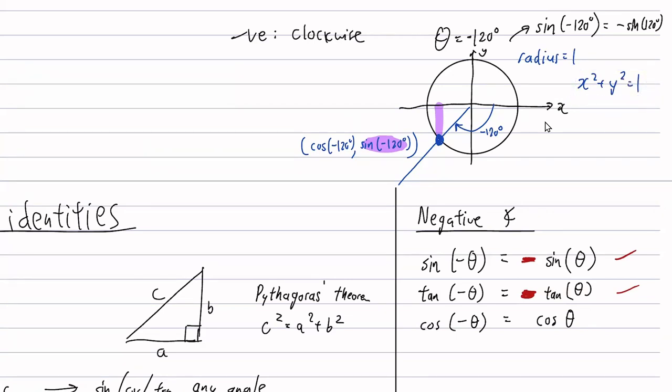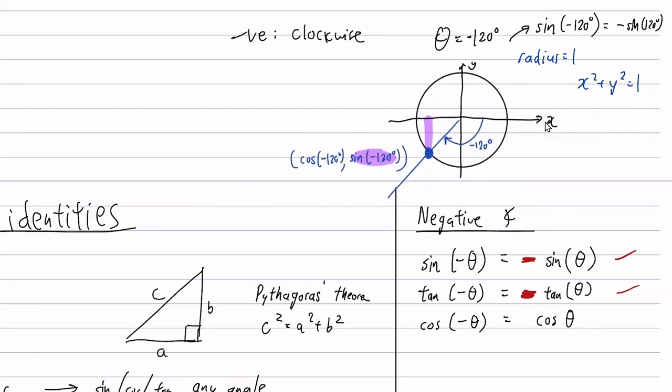Then how about negative 1 times sine 120? What is sine of 120 degrees? I already got sine of negative 120.